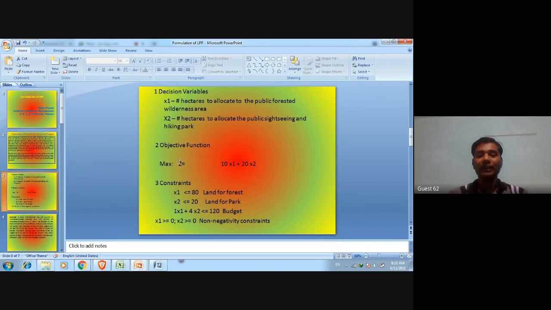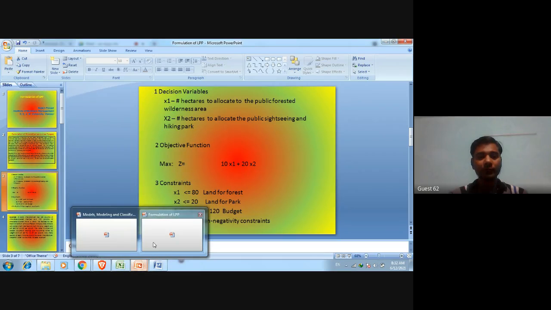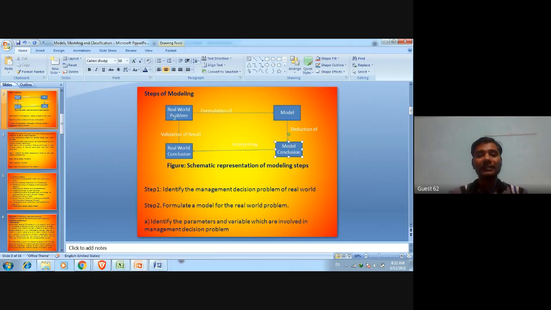That is z, a maximize function used to maximize our profit using the relationship 10x1 plus 20x2. 10 hours are allocated to the forested area sightseeing, and 20 hours are allocated to the park area sightseeing. By using these hours we have to maximize our profit. So now you can say that this diagram represents your real life situation. This is the process of modeling.